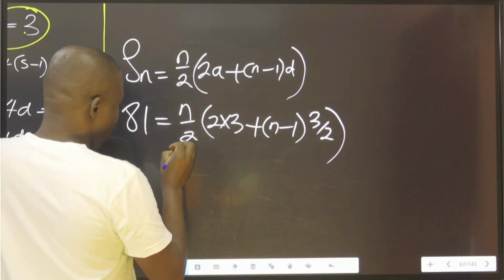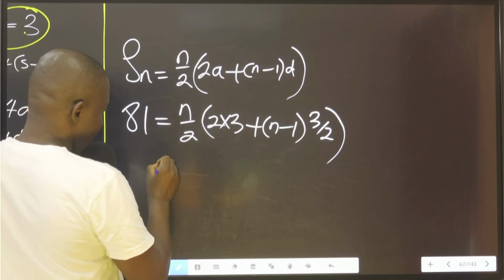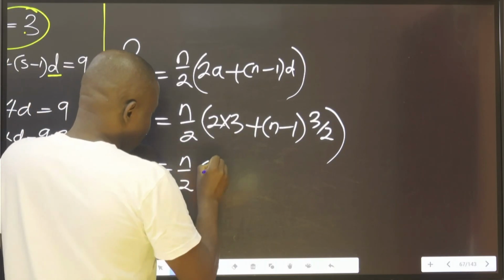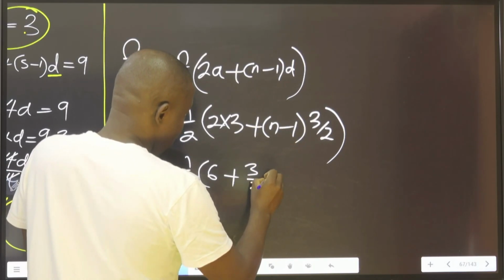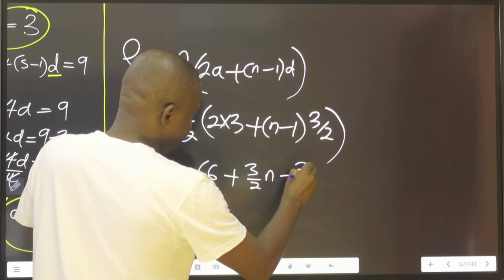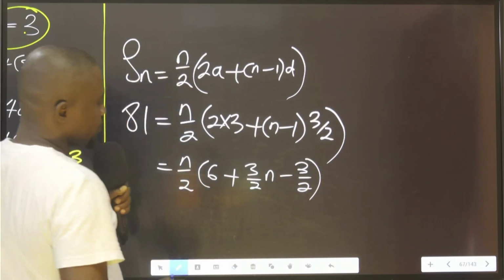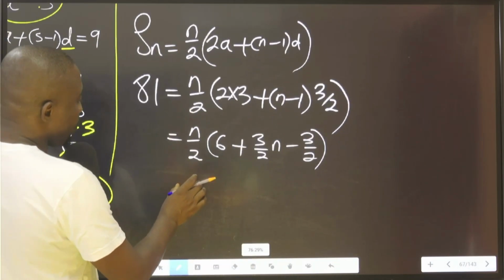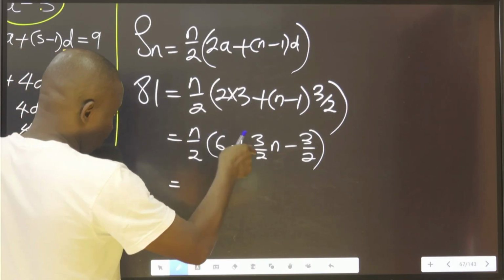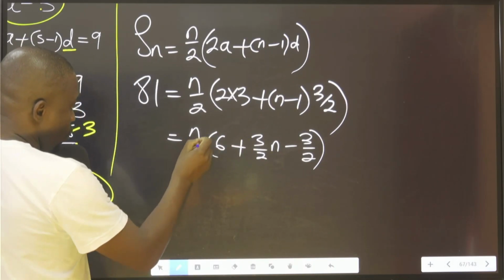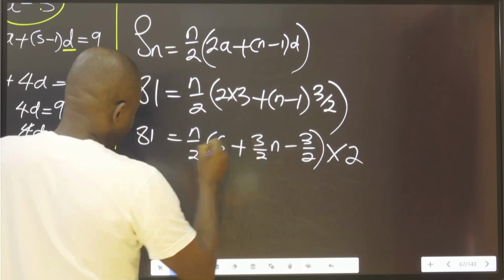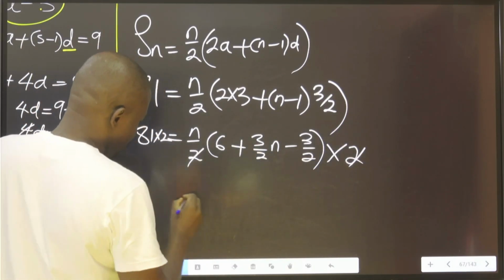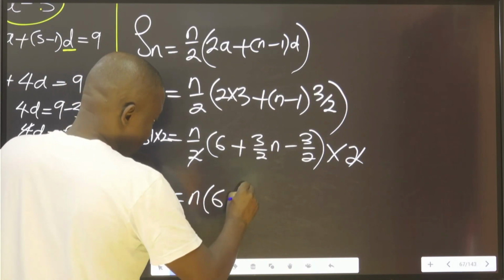Therefore, we can come here straight to say n over 2, 6 plus 3 over 2 n minus 3 over 2, equals 81. We can continue with this, or we multiply both sides by 2, so that this and this will cancel.